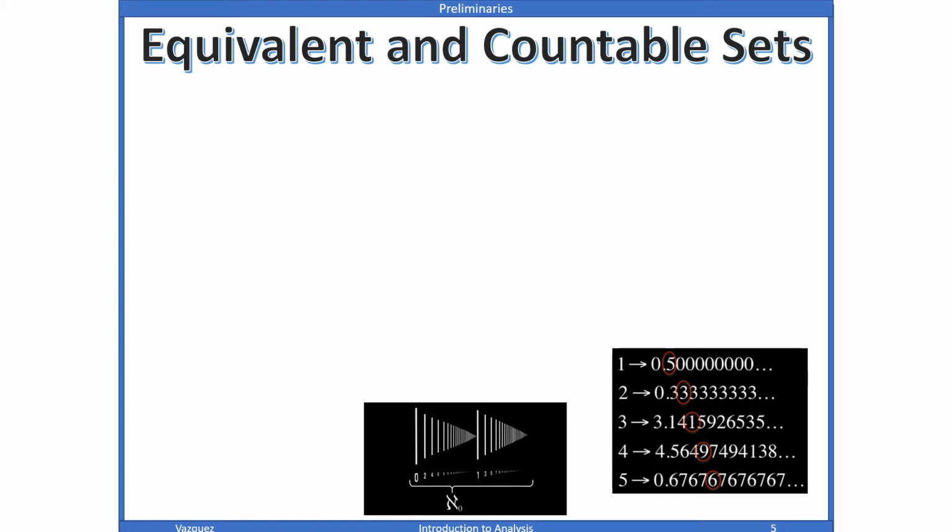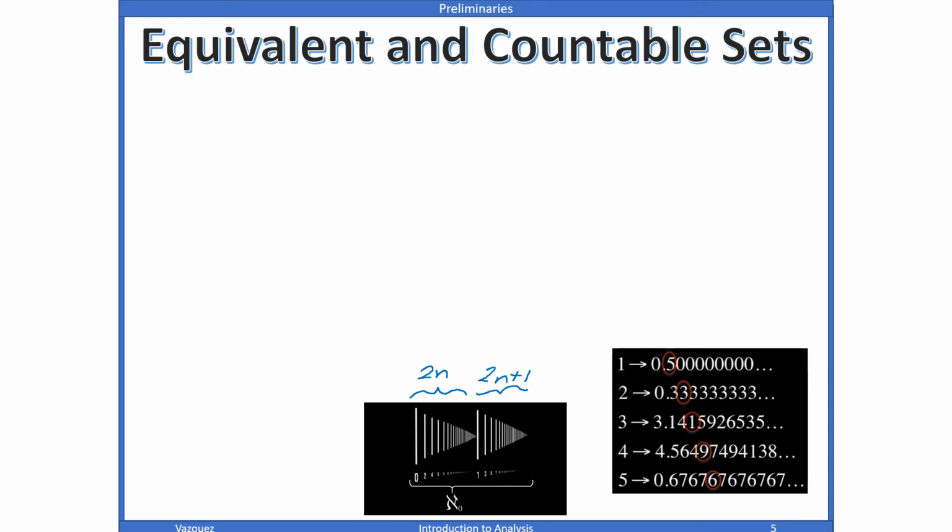In this picture, we first have the even numbers, and then these other ones are the odd numbers, non-negative integers, and the even non-negative integers.